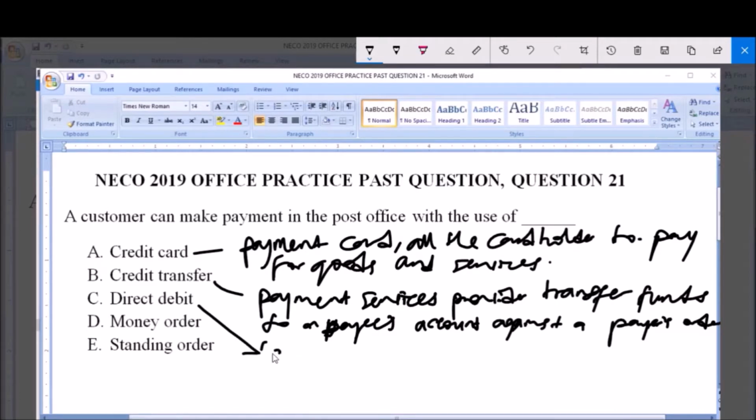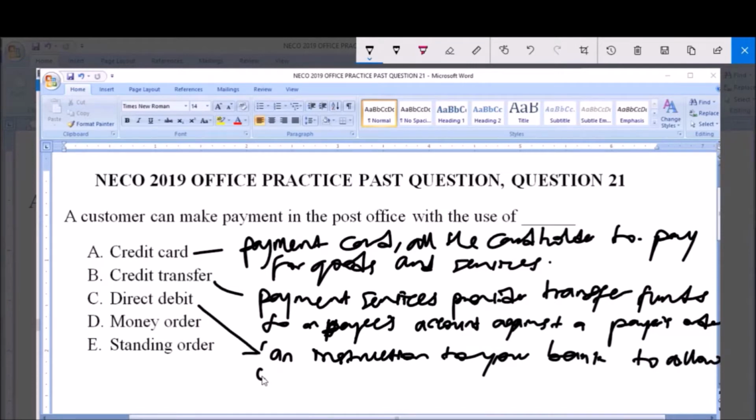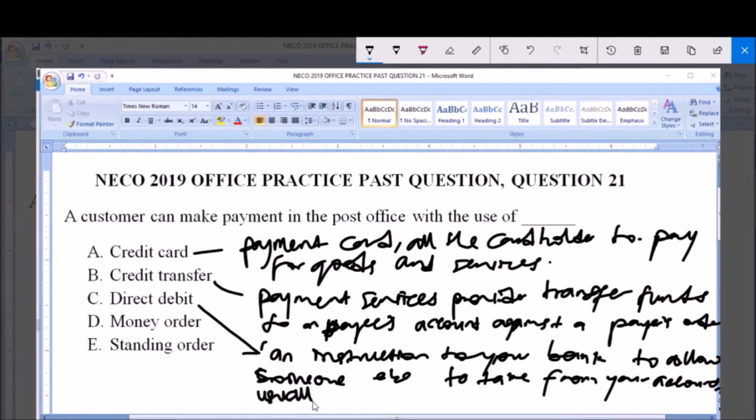So direct debit is an instruction to your bank to allow or to authorize someone else to take money from your account, usually as part of regular arrangements. That is, it is an arrangement made between you and the bank.